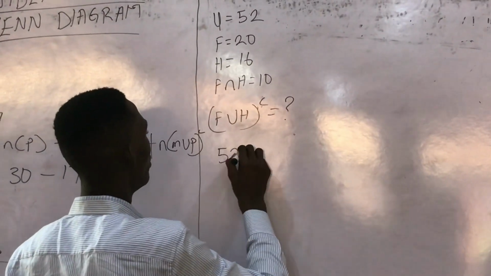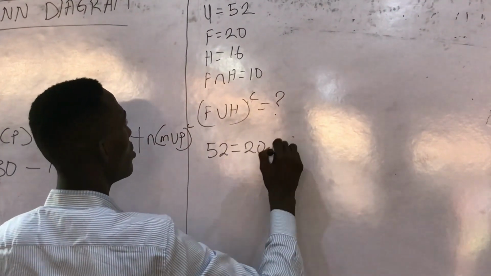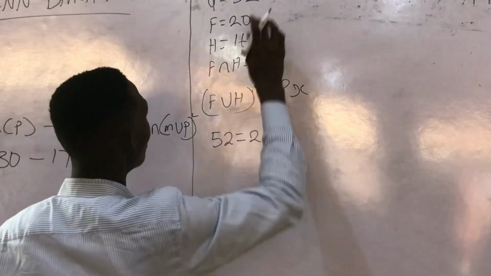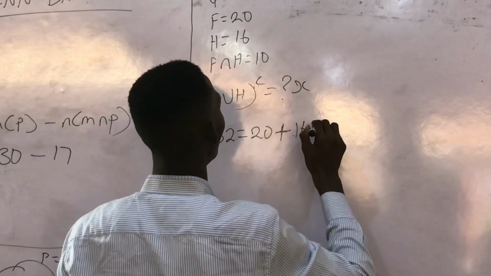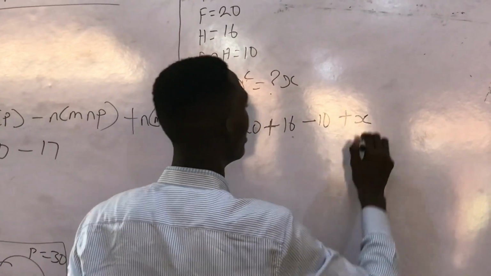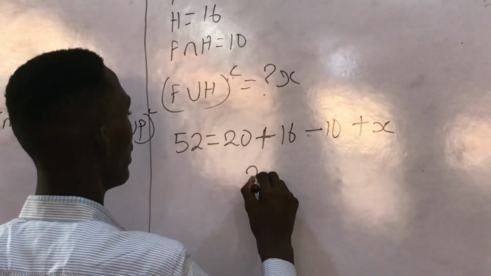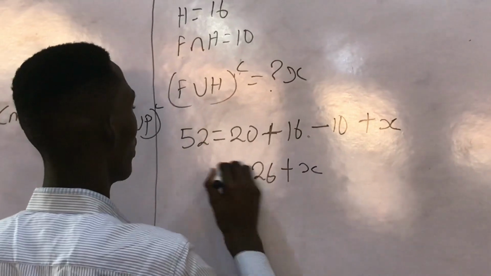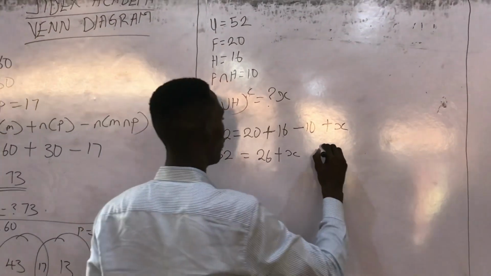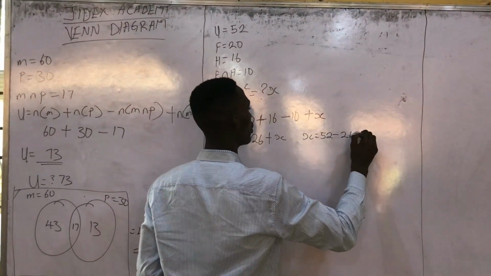That is 52 is equal to our football plus hockey minus 10 plus, let us represent this with x. So this is 20 plus 16 minus 10, which is 26. This gives us 26 plus x is equal to 52. If you collect like terms, our x is equal to 52 minus 26, which is 26.